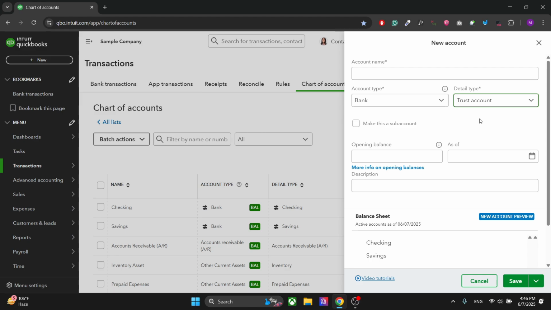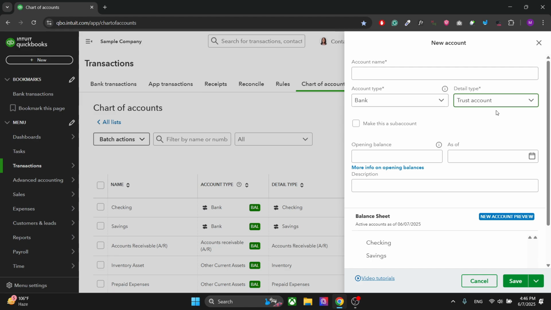For example, let's say a law firm holds $10,000 in a client trust account for a settlement pending distribution, that will be added right here. Or let's say a real estate agent keeps $15,000 in an escrow trust account for a house purchase. Or let's say a financial advisor manages $50,000 in a trust account for a client's estate planning. So those kinds of things will be added right here.